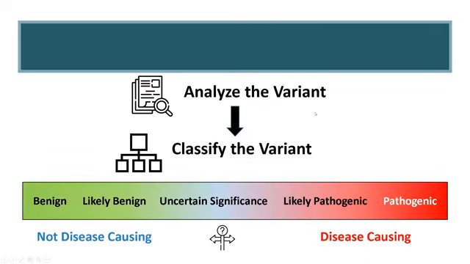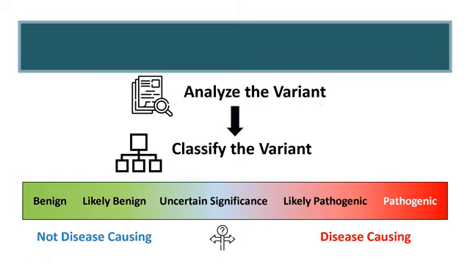After reviewing all the available information, the variant is classified into one of 5 categories. On the left are benign or likely benign variants, which are most likely not causing medical concerns, but result in each of us being unique. On the right are pathogenic or likely pathogenic variants, which are most likely the cause of the medical concerns.